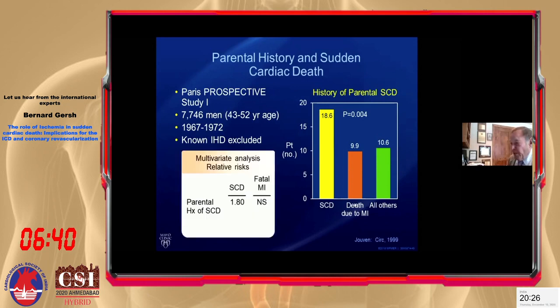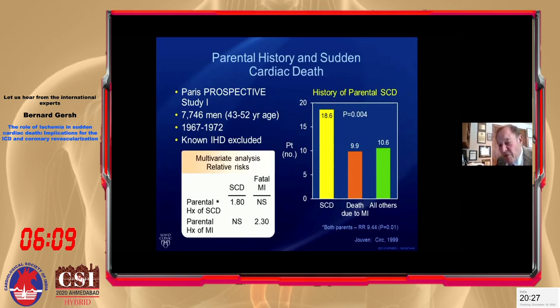If you look at the relative risks on multivariate analysis, if one parent had a history of sudden cardiac death, there was a 1.8-fold increase in sudden cardiac death in their male offspring. And if both parents had died suddenly, the relative risk was 9.44. But if they had a parental history of MI, they were not likely to get a sudden death, but they were much more likely to get a fatal myocardial infarction.